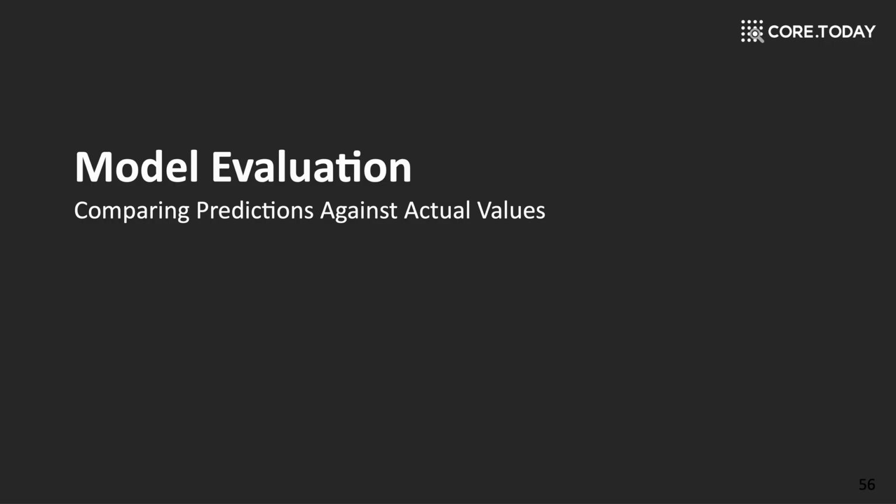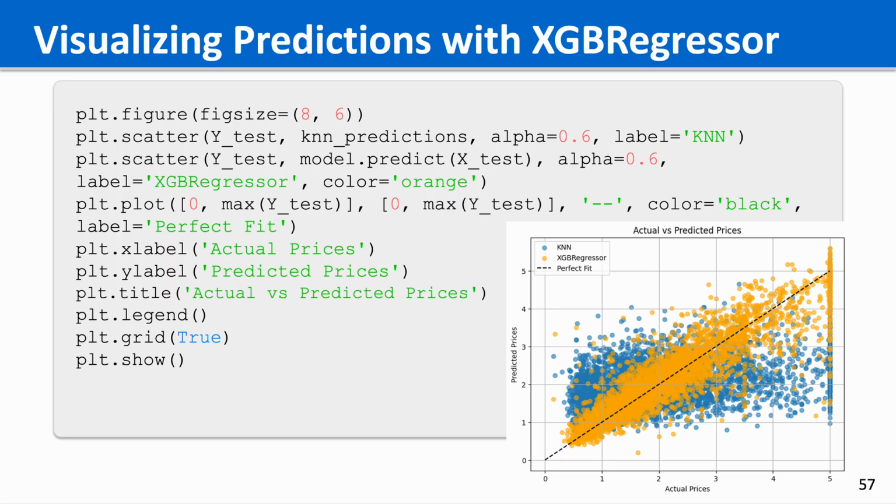This step is crucial in understanding how well the XGB regressor generalizes to unseen data. We'll compare the predicted and actual house prices for various evaluation metrics. This plot compares the actual house prices with the predicted prices for both the KNN model and the XGB regressor model.